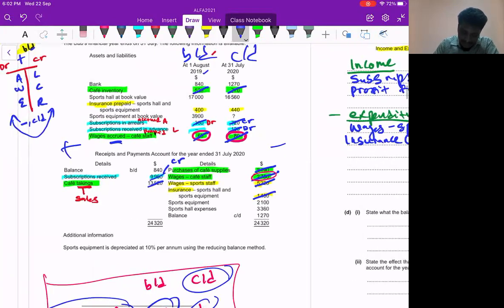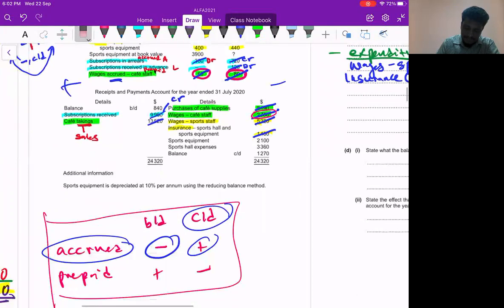Prepaid opening. This is the prepaid. BD is opening. Prepaid opening will be plus or minus? Prepaid opening will be plus.